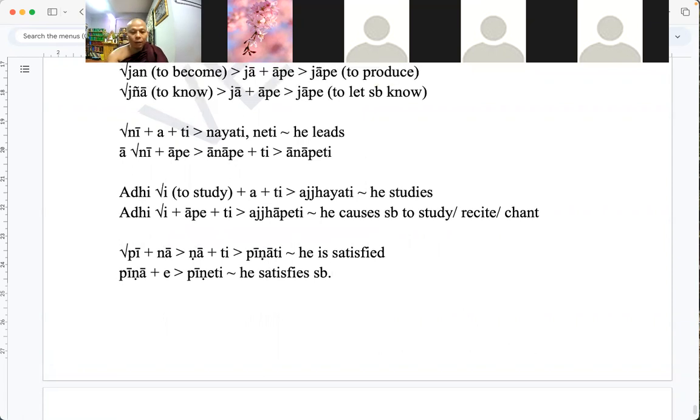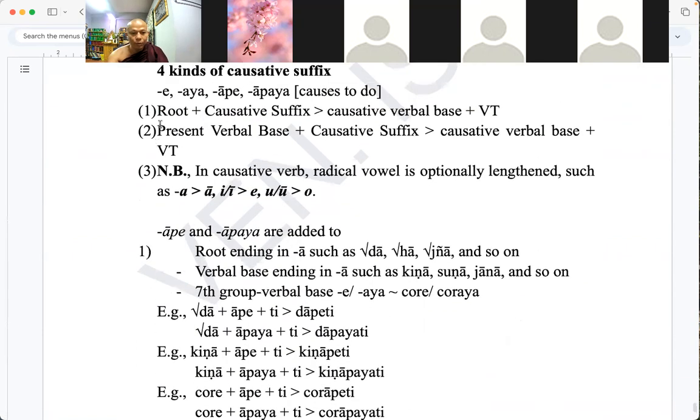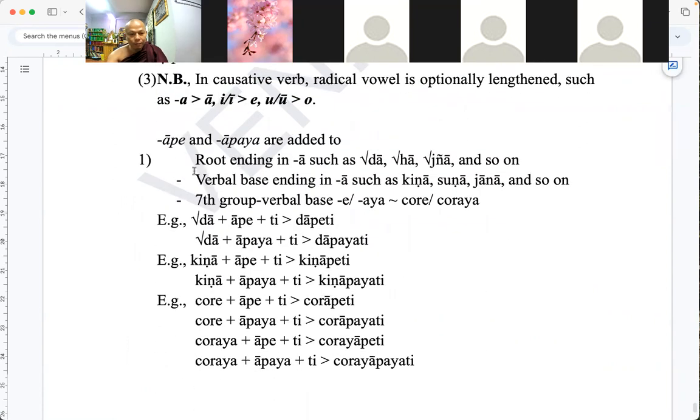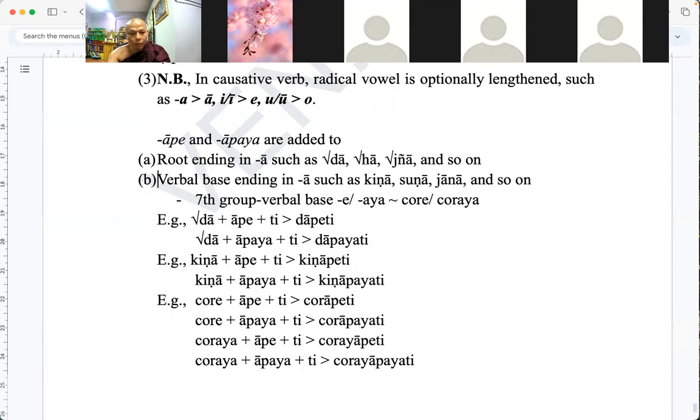But mostly these rules: to the root, all of the causative suffixes can be added of the present vowel base. Okay.